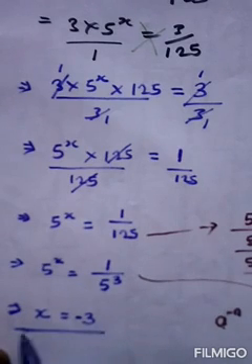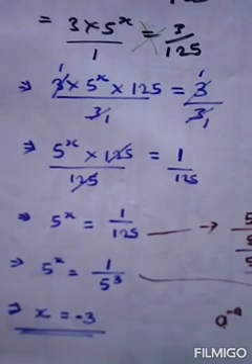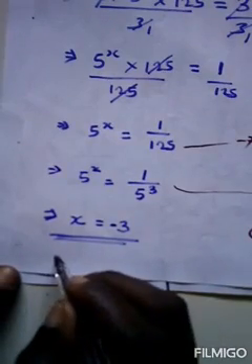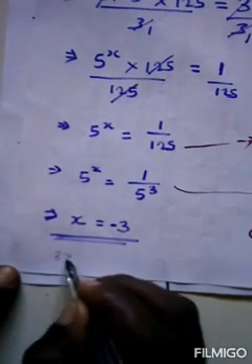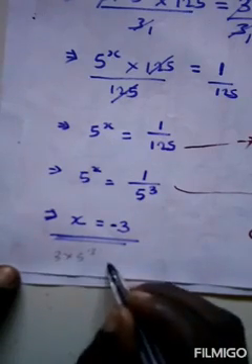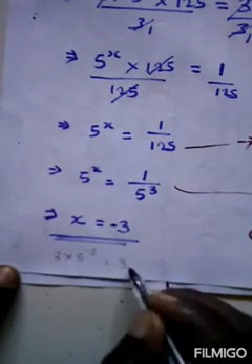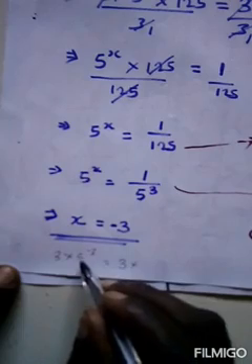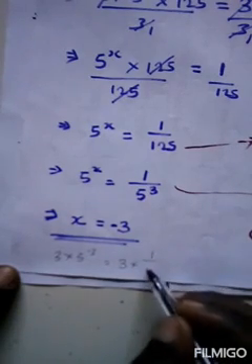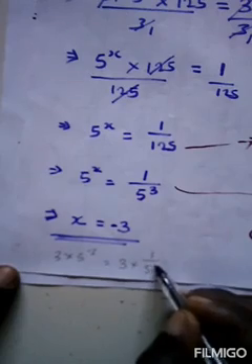If you want to prove it, you put negative 3 on this one and say 3 times 5 to power negative 3. What do you get? You get 3 times, what is 5 to power negative 3? It's 1 over 5 to power 3.